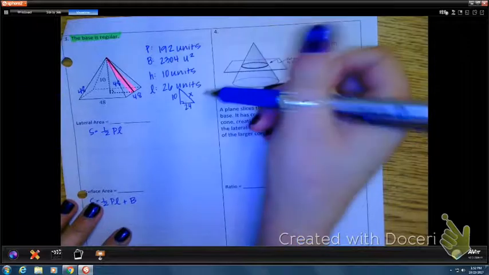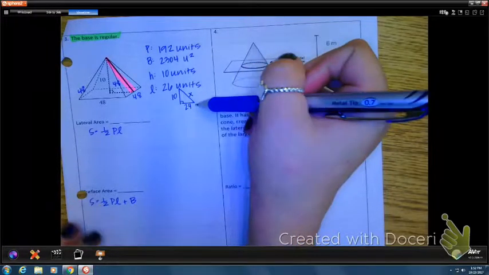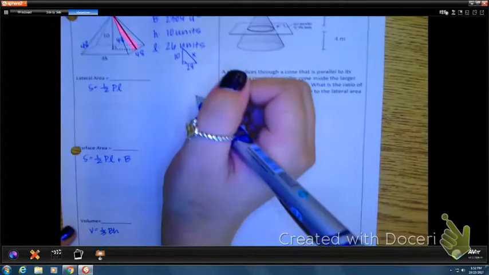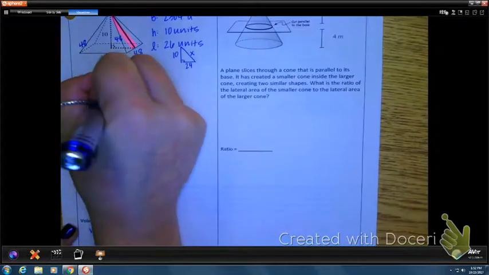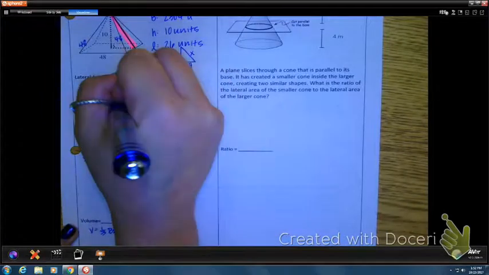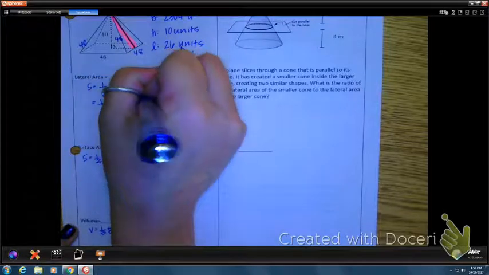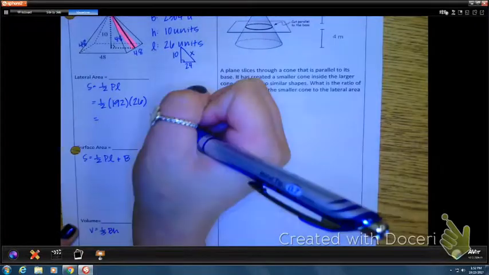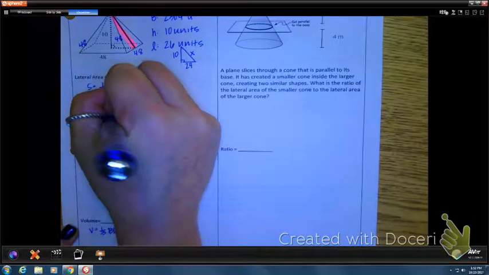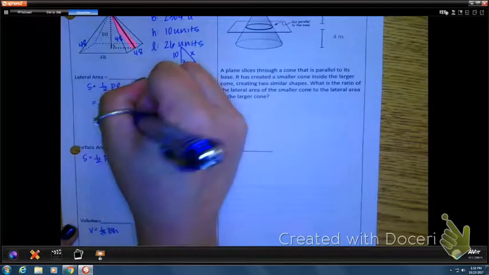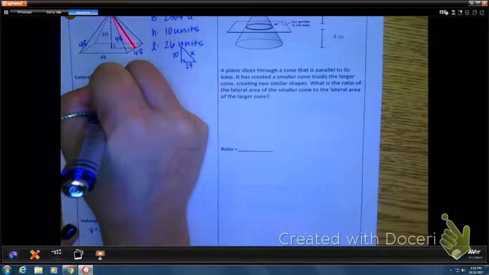Again, solving for hypotenuse using Pythagorean theorem. So we're going down and plugging it in: 1/2 perimeter, 192 times slant height, which was 26. Your lateral area should have been 2,496 units squared.